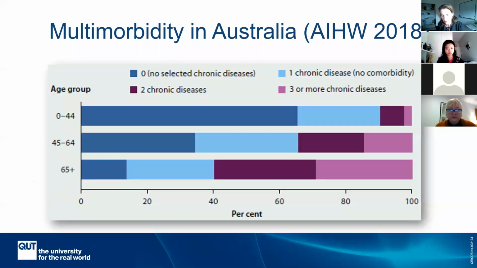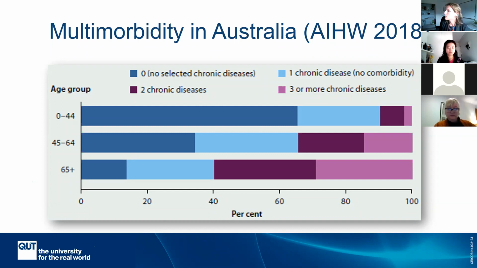This is just another way of looking at what I already talked about, and this one's in your module as well. It's just a little graph, and the pink section is people living with 3 or more chronic conditions, and it's actually a pretty good chunk of the population.